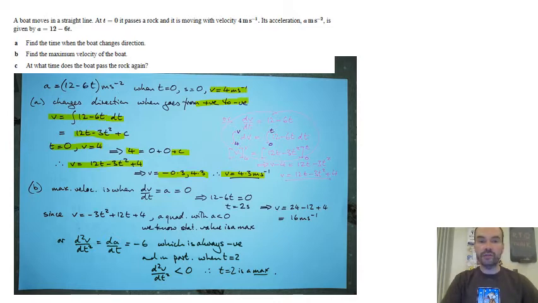If we integrate dv/dt with respect to t, we're going to get a lovely result where that collapses down to an integral with respect to v. We can integrate this side with respect to t. We get 12t take 3t squared. If you integrate the one which is there, you get v.